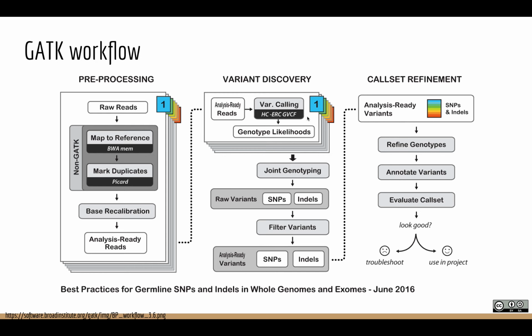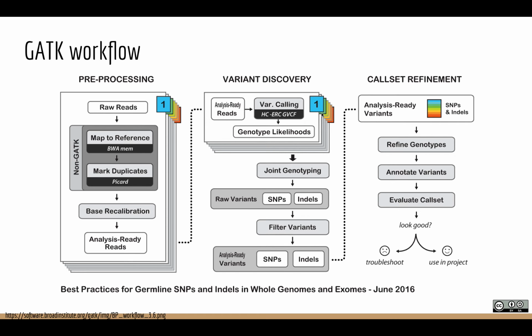Basically, if you have one sample that you're calling variants on, you do variant calling that produces a GVCF. We're going to table that for a second, but that's a file with all the sites in that person's genome where there are apparent genetic differences, using Bayes' theorem and taking all these pieces into account.